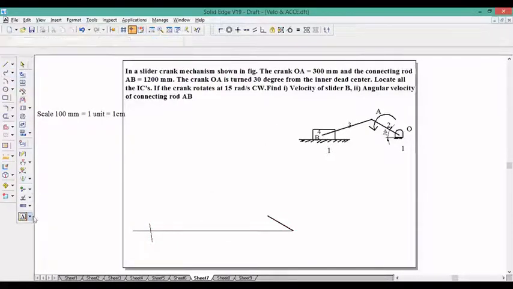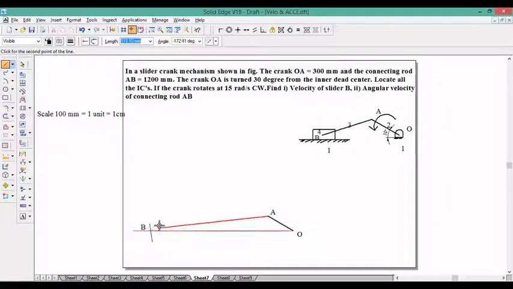So this point gives us point B, and this is the point A, and this is the point O. If we join a line from point A to B, at the intersection of this arc and line comes the slider. And this slider is moving on a fixed path. It has a constrained motion.